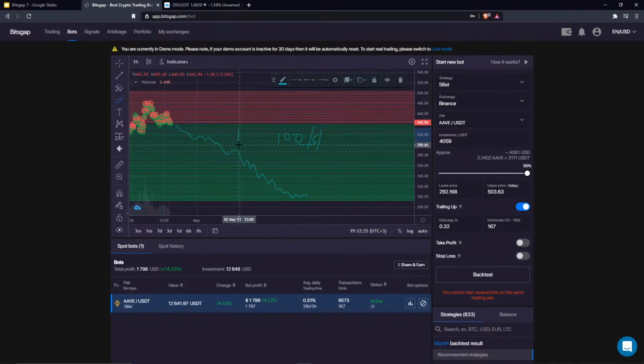For example, here we could afford 10 coins, because 10 coins at this price level were worth exactly $100. It falls, and now you can afford buying, say, 14 coins, having only $100.